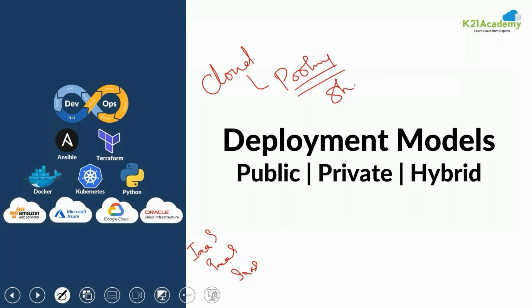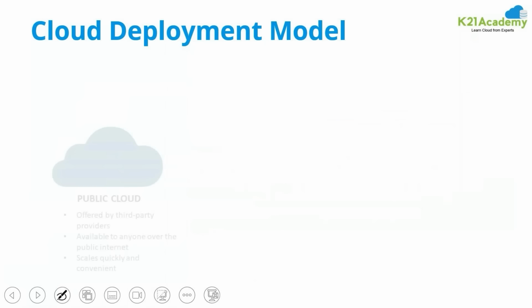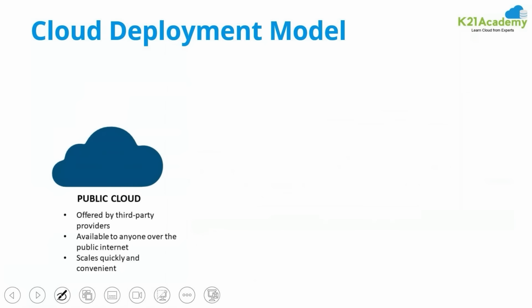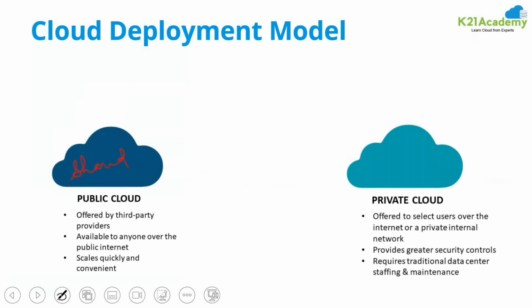That means I am sharing the resource, the cloud. Now, there are actually three types of clouds that you can deploy. The public cloud, which is actually being shared by everyone. You can even create a private cloud, which will be used by a single customer.